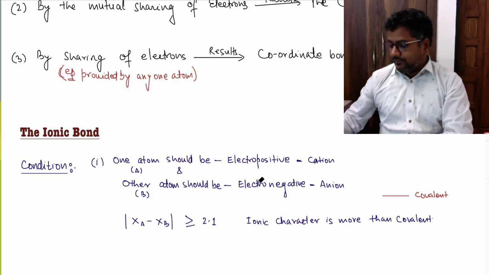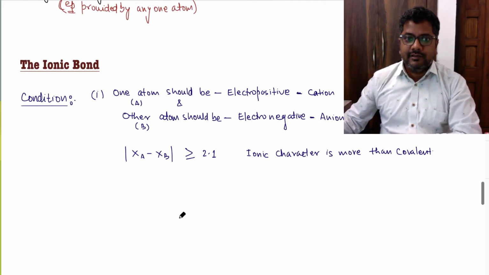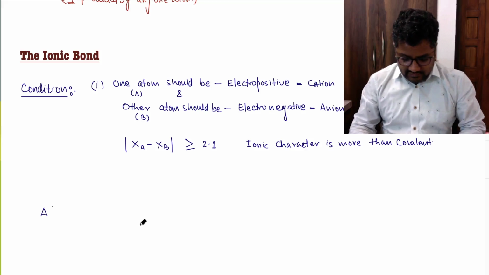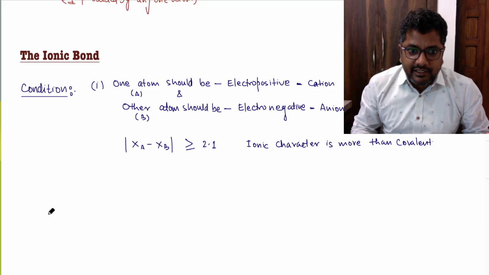Suppose someone is asked, tell me what kind of bond you are expecting between, I am not taking A and B here, I am taking some other symbols, X plus and Y minus.